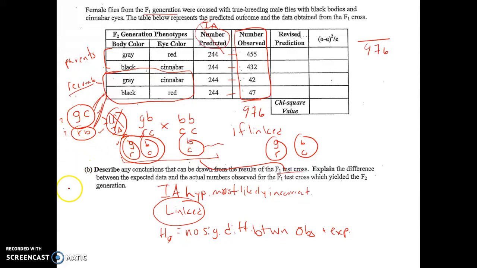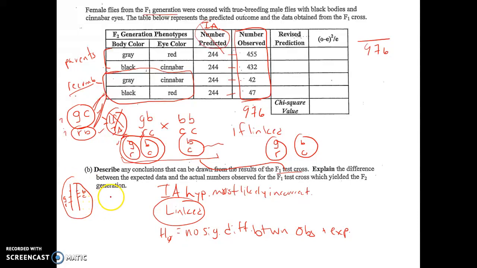Well, what must have happened is that, from some stick diagrams, you had gray and red linked together, and then you had black and cinnabar. So this is no recombination.